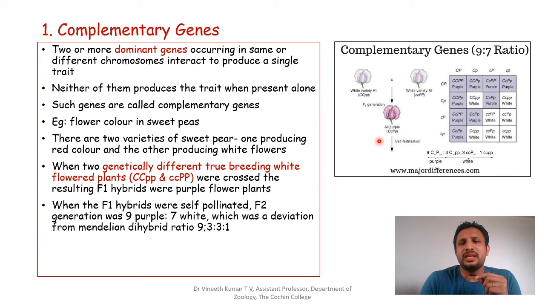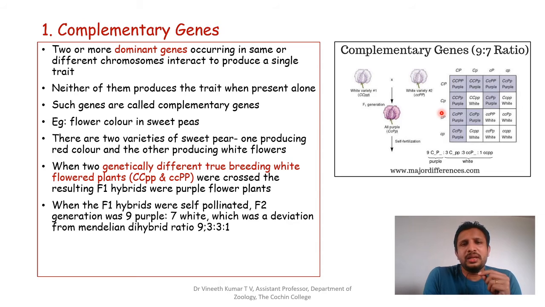And when this F1 heterozygote has the normal Mendelian dihybrid cross, this F1 individual, when it was self-fertilized, you can see this the checkerboard and the normal type of gametes as we wrote in a dihybrid cross, the four sets of gametes.